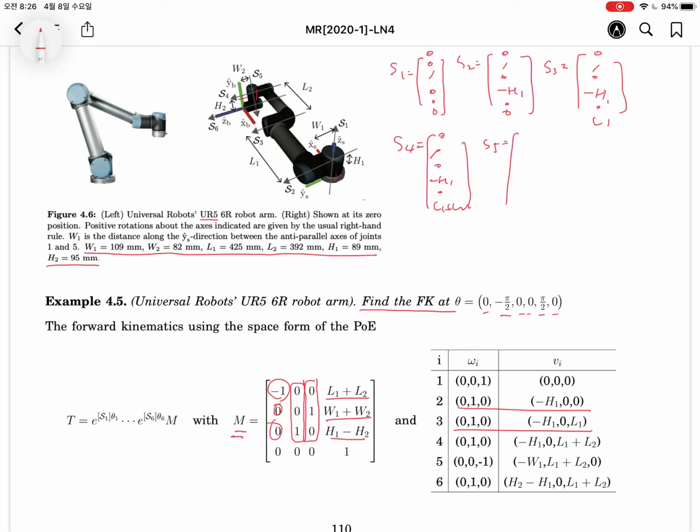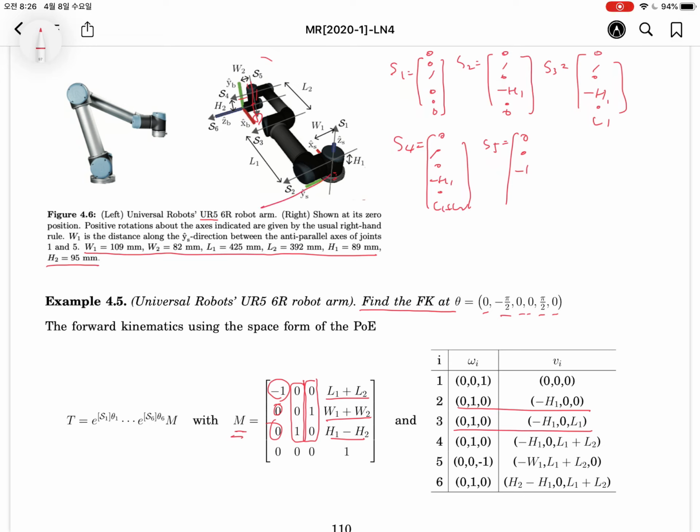S5. S5 is aligned to the z-axis. I'm sorry, it's going down, so minus z-axis, so 0, 0, minus 1. Because S5 is up here like this. Let's apply the rotational movement of this element.